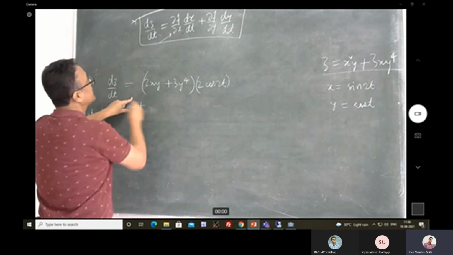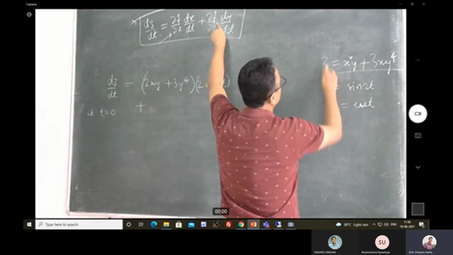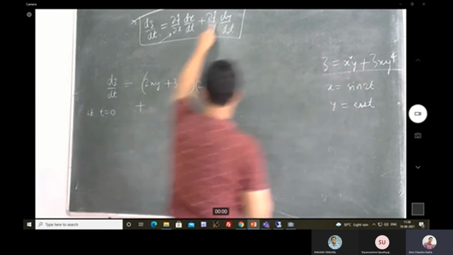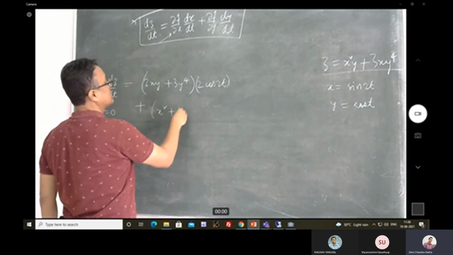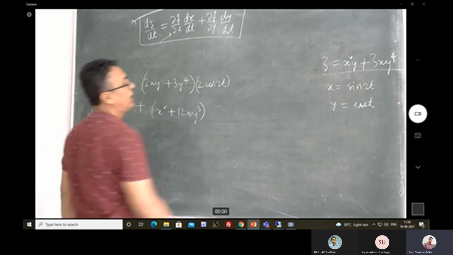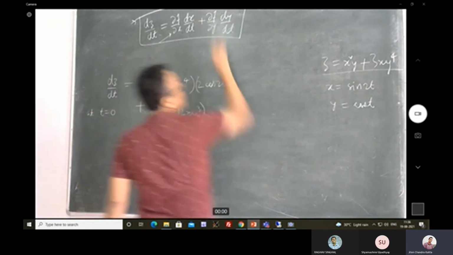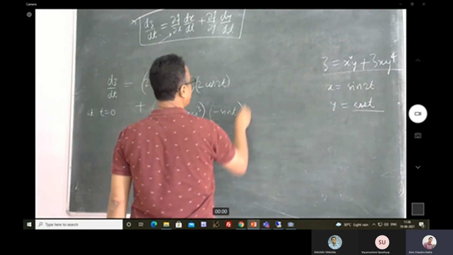Then del f/del y, the partial derivative of z with respect to y, is x squared plus 12xy cubed, and then dy/dt, the derivative of which is minus sin t.